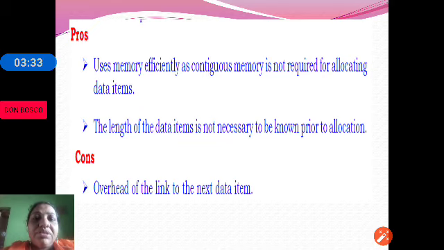The disadvantage is that we have difficulty in linking the data, as more than one data item can be connected through more than one link.